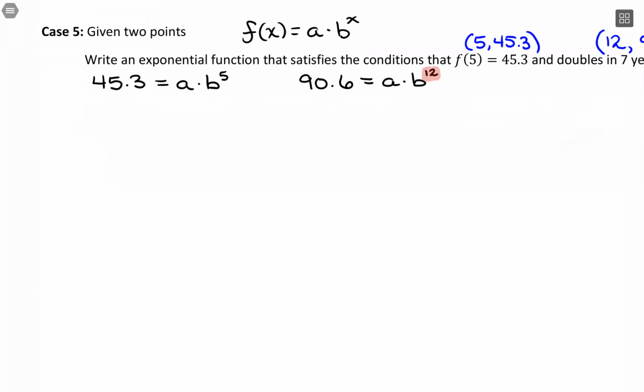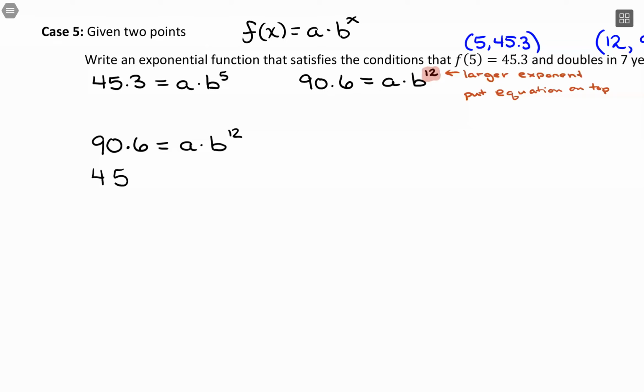So I'm going to go 90.6 equals a times b to the 12th power, and it's because, I'll make a note of this, the larger exponent, put that equation on top. And then the other equation will go below: 45.3 equals a times b to the 5th.